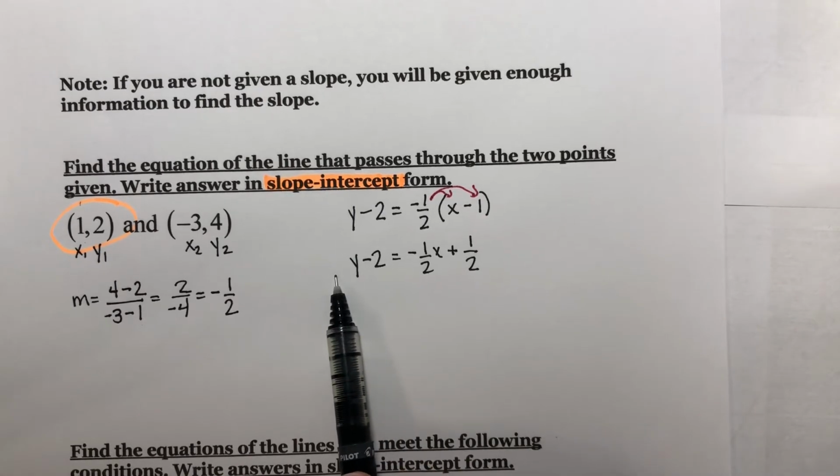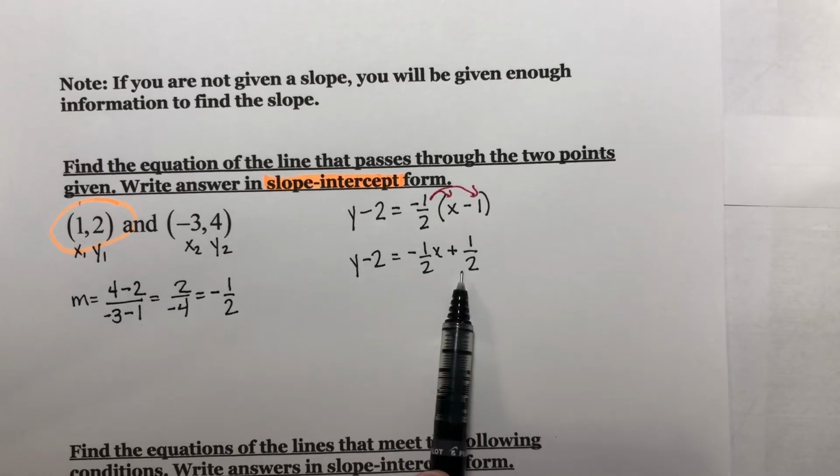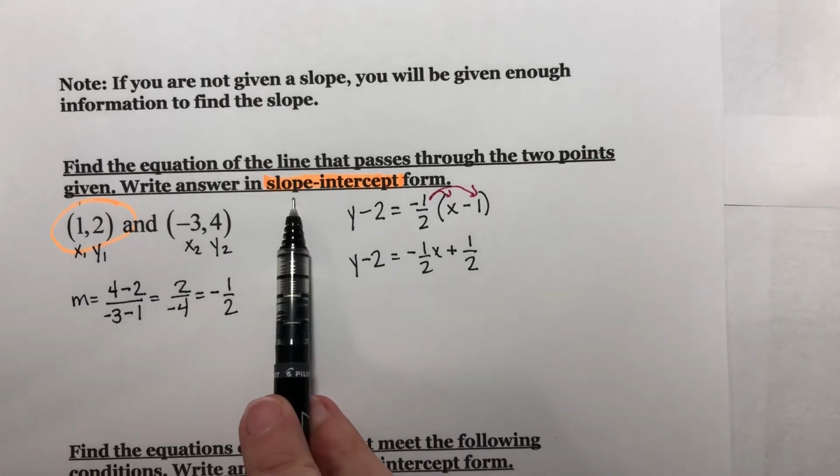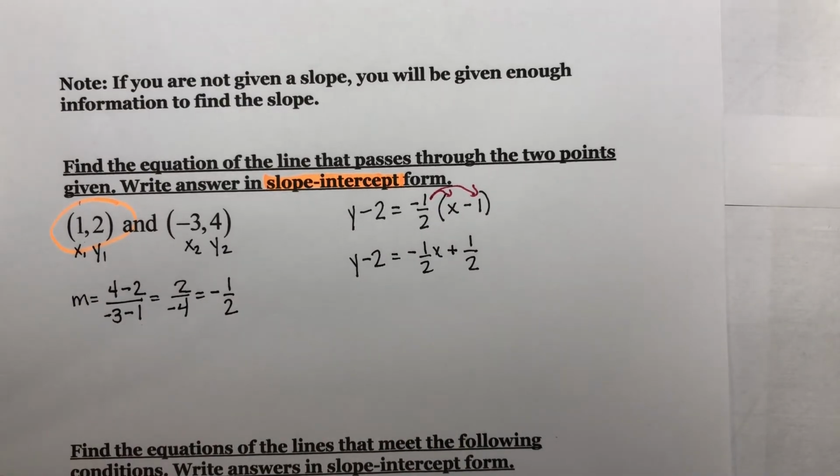If you want to kill the fractions at this point, you can do it, but the fractions are going to come back. There's no way to get rid of them forever when you're going into slope-intercept form. Okay? So scientific calculators will do fractions. That's always a good option.